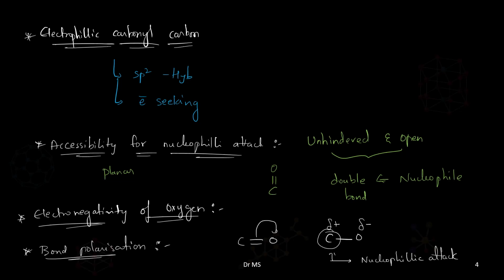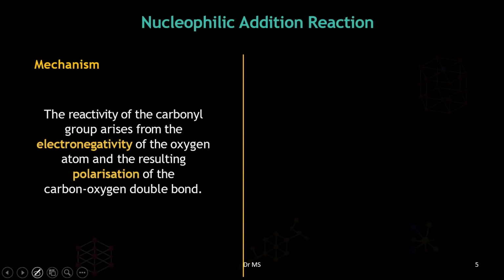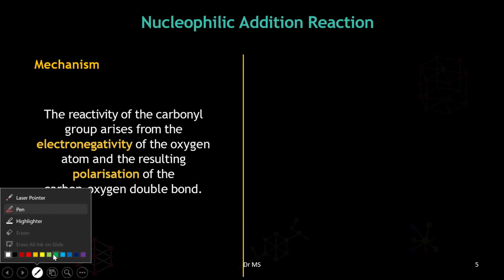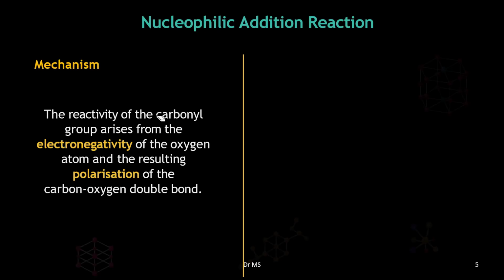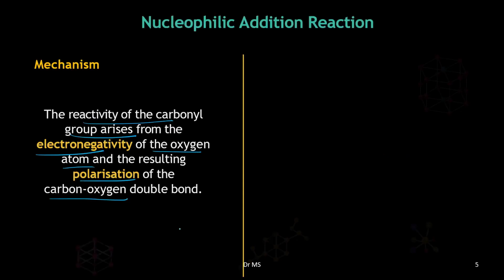Yes, sir. Okay. So see here, how will the mechanism happen? The reactivity of the carbonyl group arises from the electronegativity of the oxygen atom and the resulting polarization of the carbon-oxygen double bond. So for whatever I discussed here, electronegativity of the oxygen and bond polarization is very important here. The oxygen atom should be electronegative so that it can create the polarization in the carbon-oxygen bond.